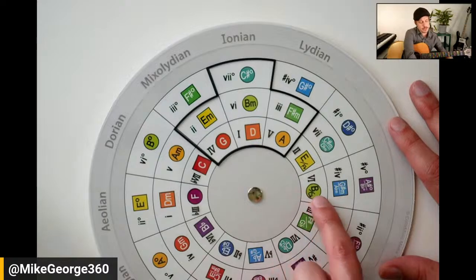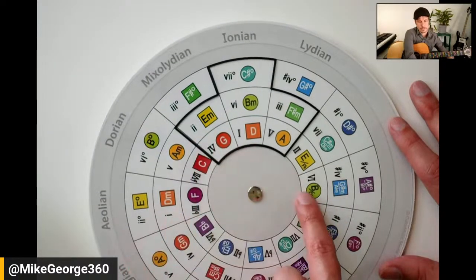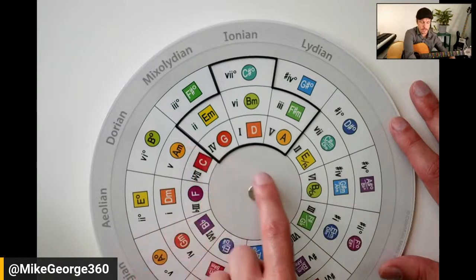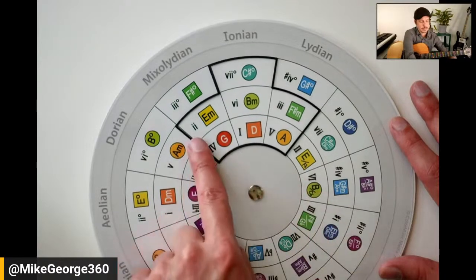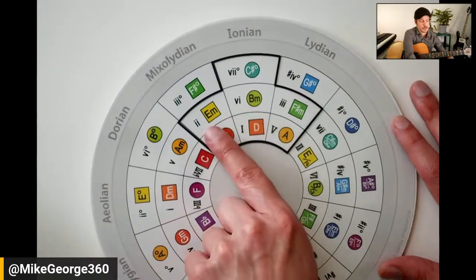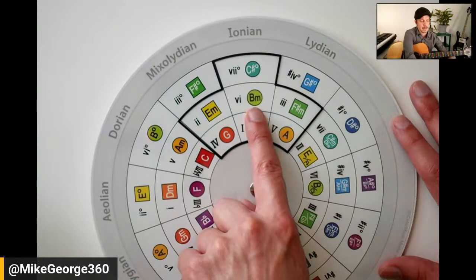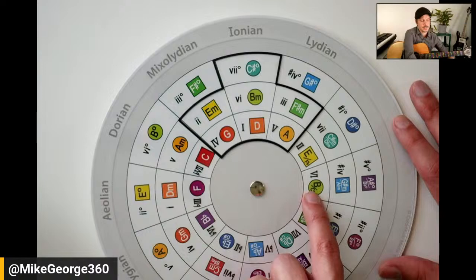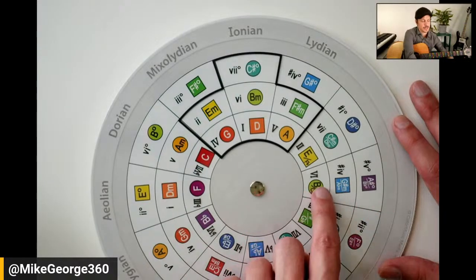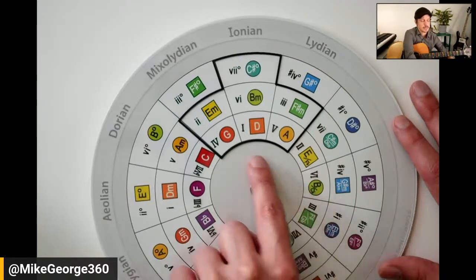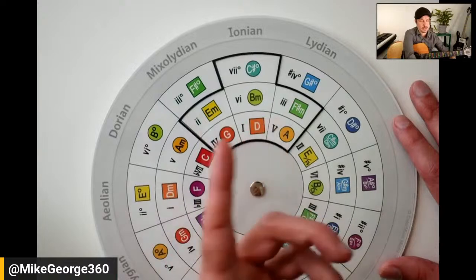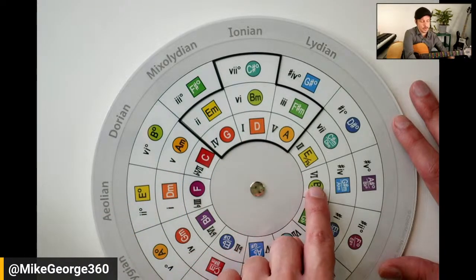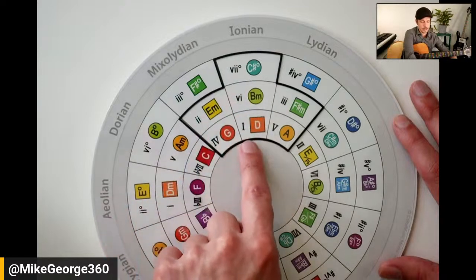So this major 6 to a 2, you could call it a major 6, but you could also call it the 5 of 2. It's the secondary dominant, because going in a clockwise direction from the minor 2 to B minor, this major chord is the secondary dominant. It's a major 5 to this chord, which is in the key. So a secondary dominant is basically a dominant chord of a non-tonic chord in the key.